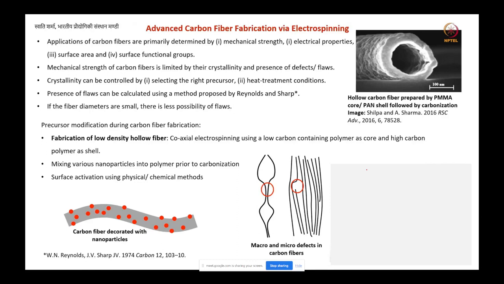Now the applications of carbon fibers are primarily determined by, in any material, especially carbon-based or carbon fiber materials, as I have already said, the first thing is your mechanical property, and the second thing is your electrical property.